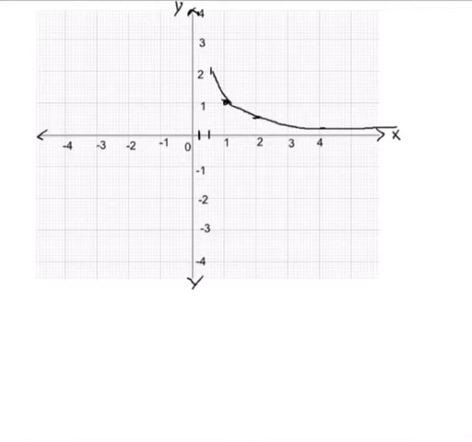Now let us plot the negative values. For minus 1 it is minus 1, for minus half it is minus 2, and for minus 1 by 4 it is minus 4, and for minus 2 it is minus half, and for minus 4 it is minus 1 by 4.